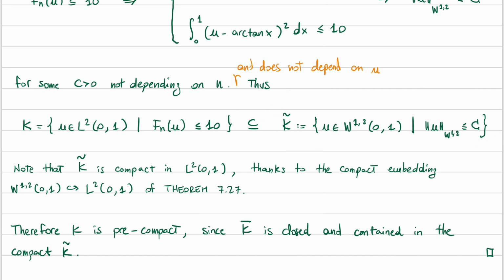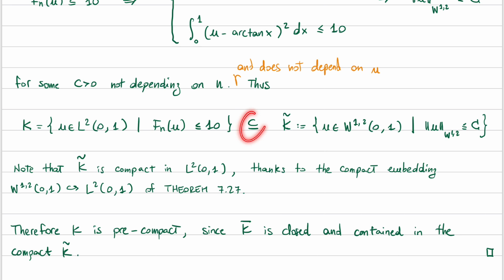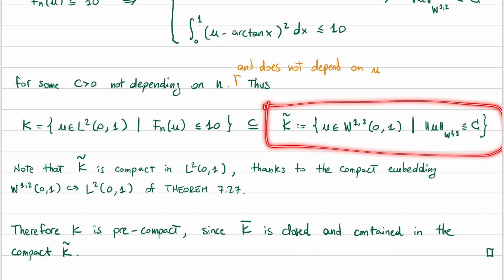And therefore, by definition, K is precompact. Obviously if you have this inclusion, then you also have the inclusion for the closure, because this set K tilde is closed, being compact in L2.